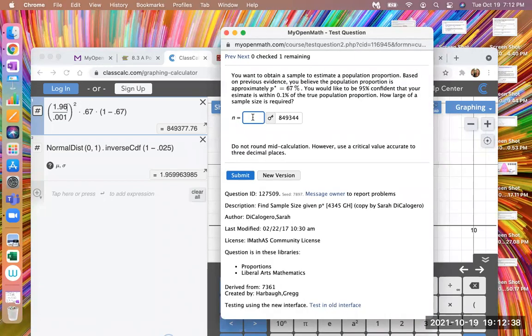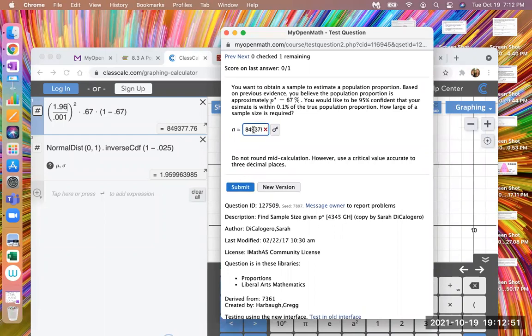And I don't think it's going to accept it. Let's see. 84937. It should be 8. And I doubt it's going to be too far off. All right, I'll have to email them about this problem. We did it right. It's probably a rounding thing for them.